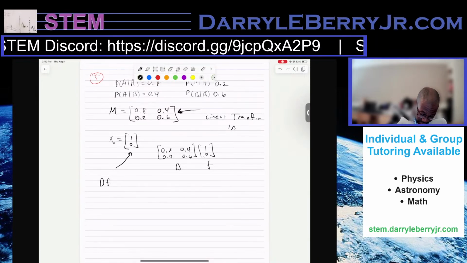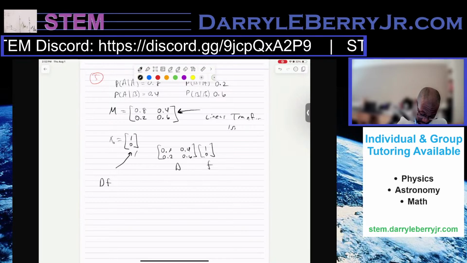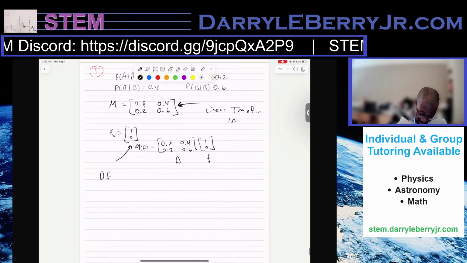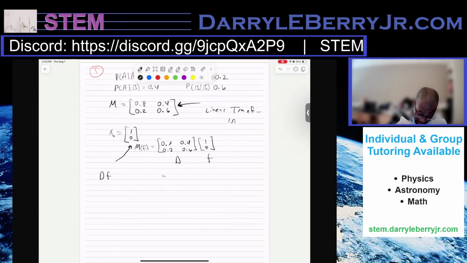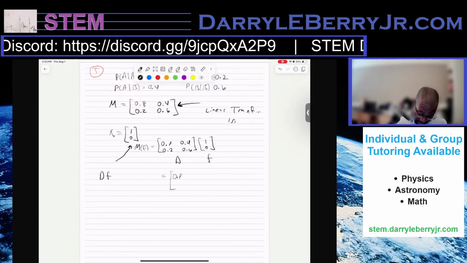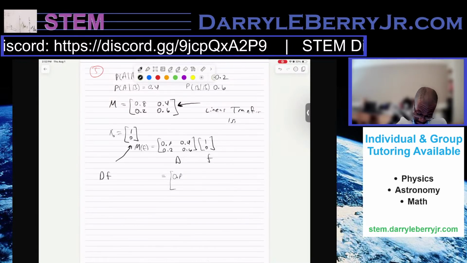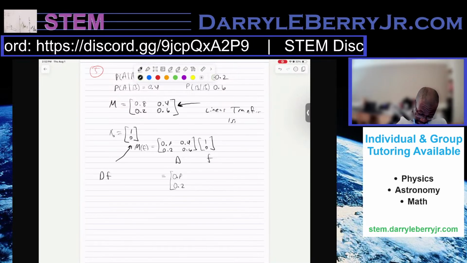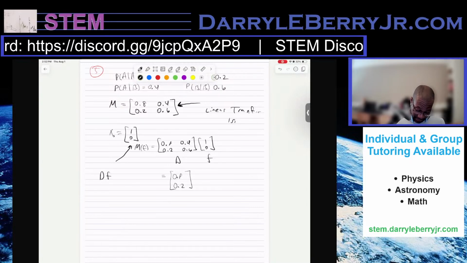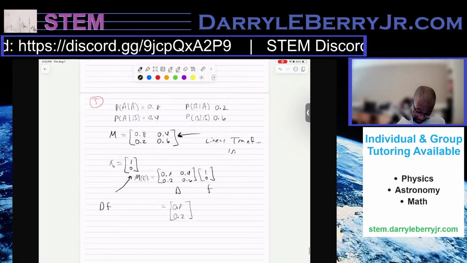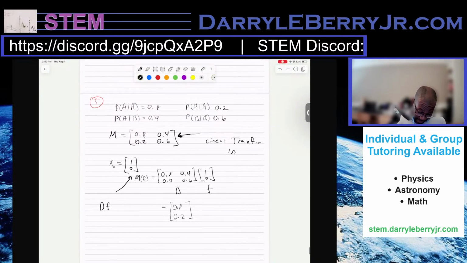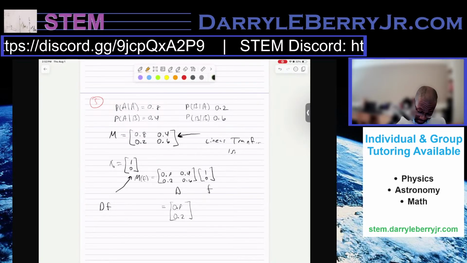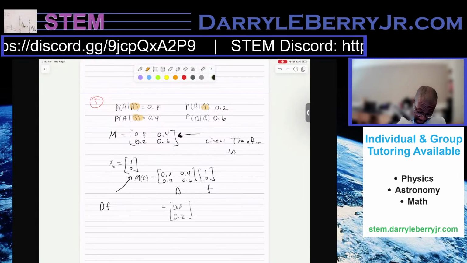So we can say M f equals that, which equals 0.8 plus 0 and 0.2 plus 0. So that's our probabilities. And the way we set it up, we have probabilities A up here and B down there.